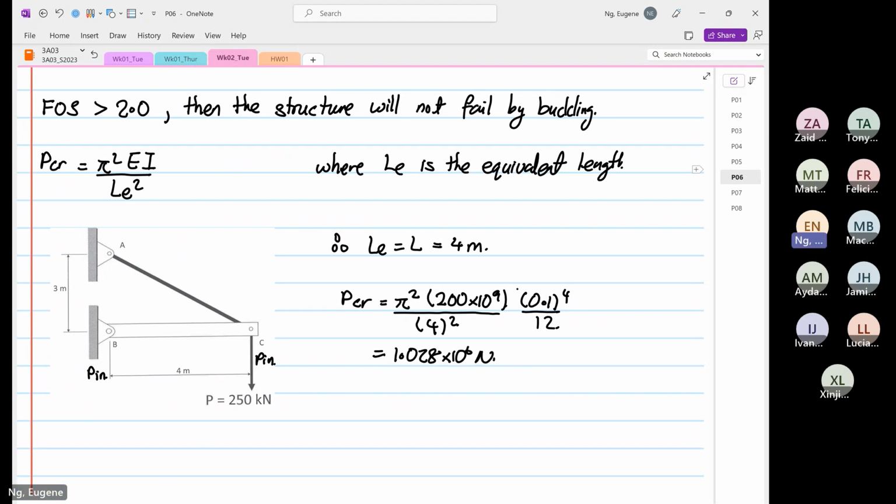Okay. So now we calculate our factor of safety, which is PCR over P. This is 1.028 times 10 to the power 6 divided by 333.333 times 10 to the power 3, which is equal to 3.084.